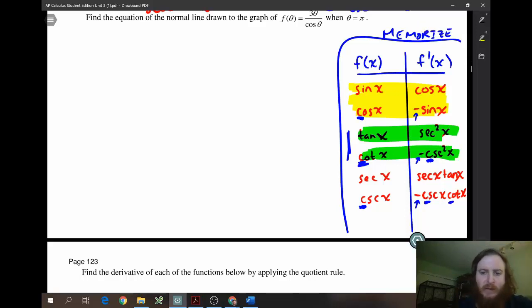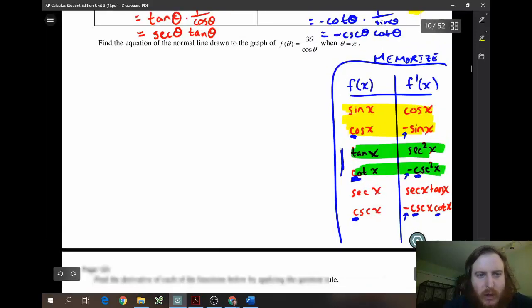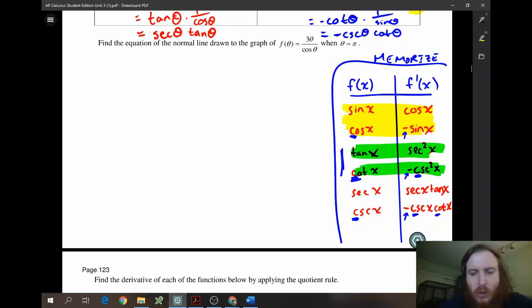So make flashcards, do a Quizlet, whatever you want to do, but get those memorized, like tonight, maybe tomorrow. We are going to have a mad minute on this coming up this week, where they have to be memorized.